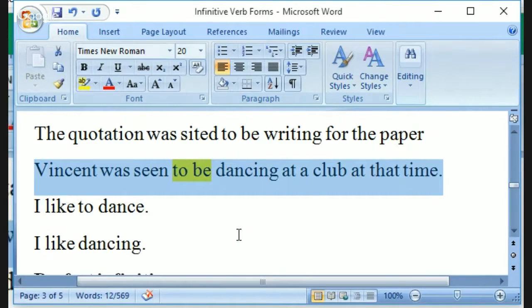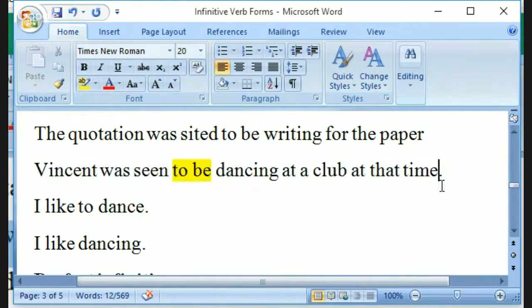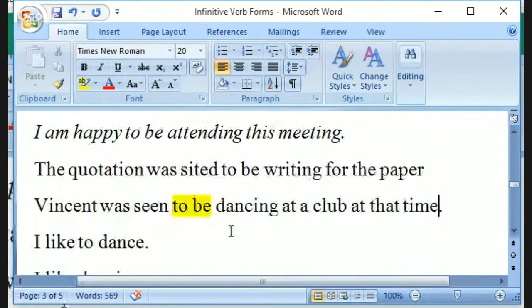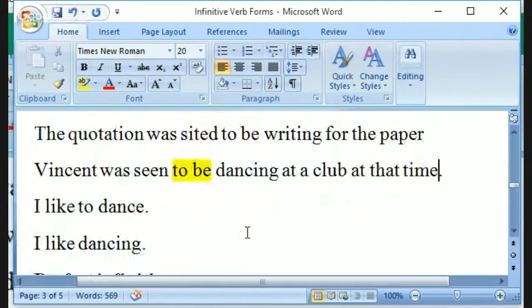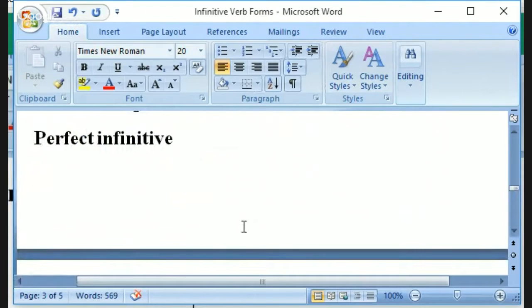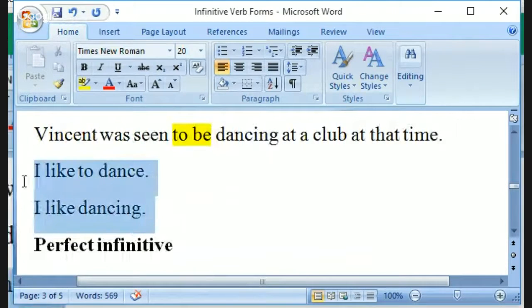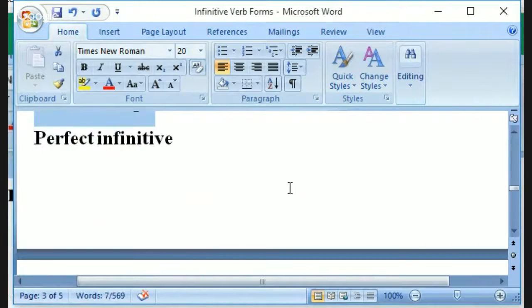Sometimes you see this in written news and media, because it's quite formal. It helps bring out a very basic distinction between infinitive and gerund.